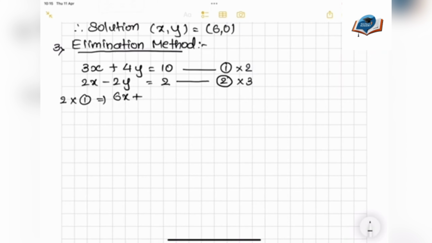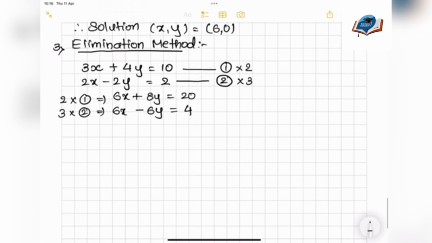So 2 multiplied by equation 1, I can say it will be 6x plus 8y, 2 fours are 8, so I can write 8y equal to 2 tens are 20. Now same way equation 2 multiplied by 3, I will get 3 twos are 6x minus 3 twos are 6y equal to 3 twos are 6.